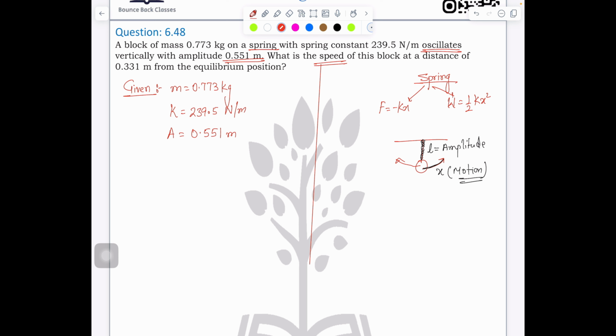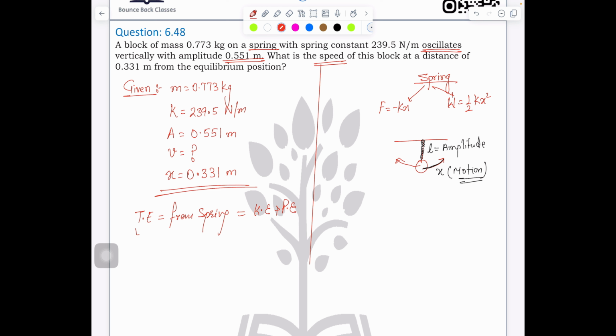What is the speed? We are looking for the velocity of the block at a distance x, which is given as 0.331 meters. Clear? Now what do you need to focus on? First of all, you have the sum of energies. Total energy from the spring equals kinetic energy plus potential energy.